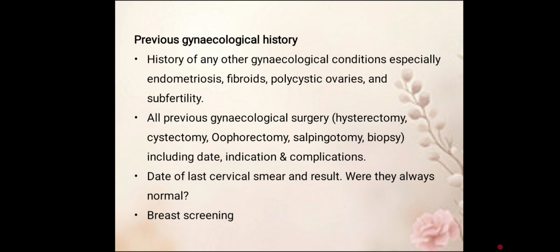Salpingectomy is removal of the fallopian tube, or simply biopsy. In any previous surgery, don't forget to ask about date, indication, and any possible complication. As we say, ask about the date of last smear and its result, whether they were always normal or there is abnormality.